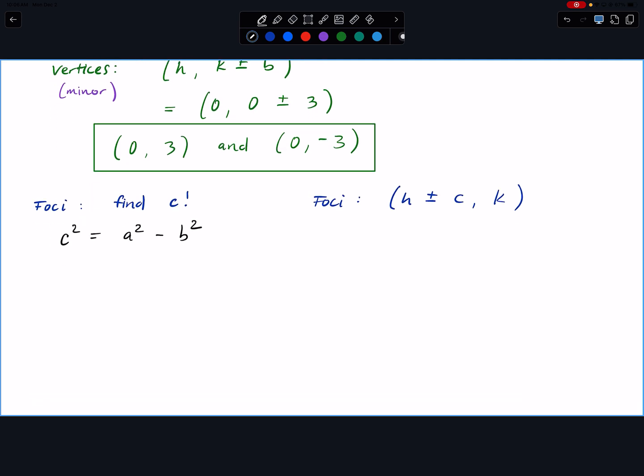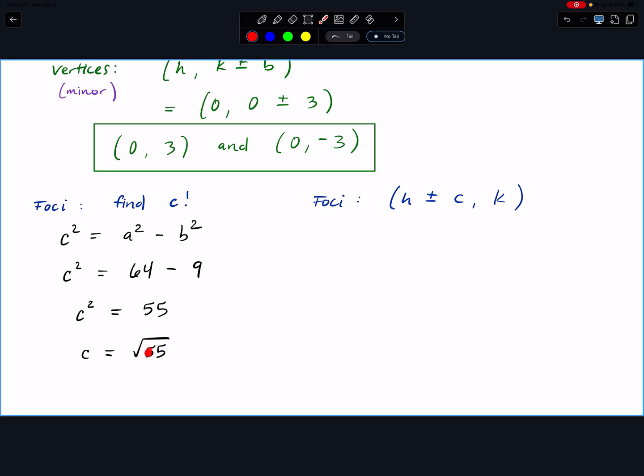So what is a squared? Wasn't that 64? Minus, what's b squared? 9. So c squared is equal to 55, which means that c is equal to the square root of 55. I'm not going to make you graph it, but this is just how you find it. Is this a pretty number? Do you want to graph this number?